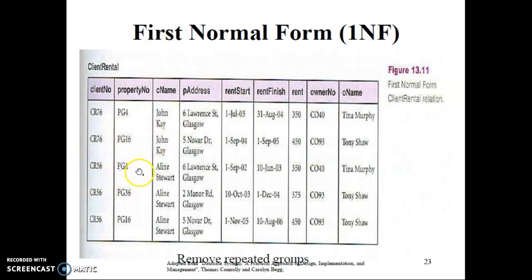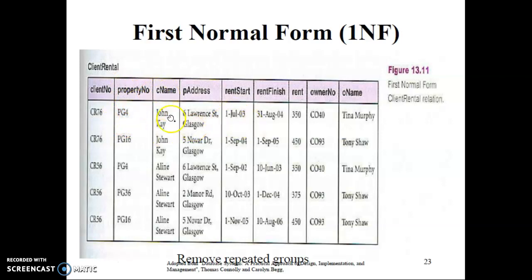So by converting each client data into a separate row, we can eliminate the repeating groups. If you observe this table, we are not having any repeating groups. It means for the intersection of any row and column, we have only one single value for any attribute.